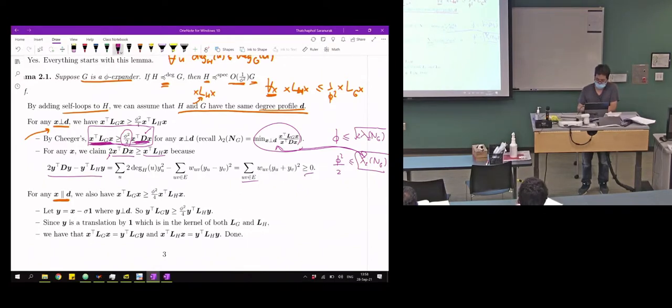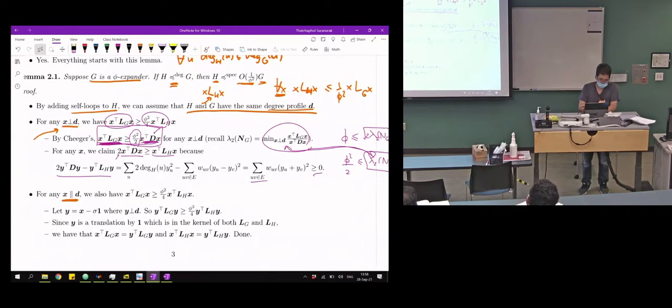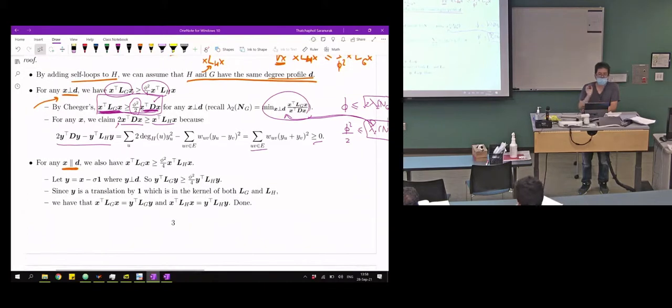So this is at least 0. Now combining the two, you get that G is bigger than H within a phi square factor, at least for the vector X that is orthogonal to D. So that's the first case.